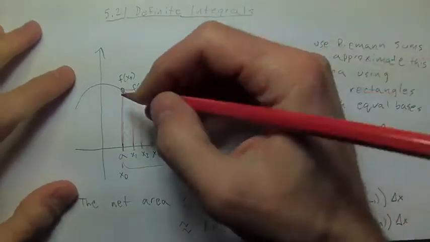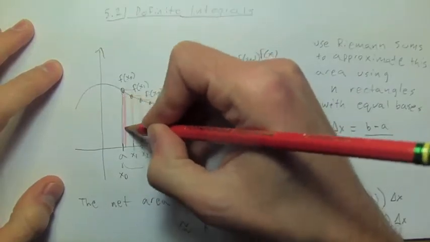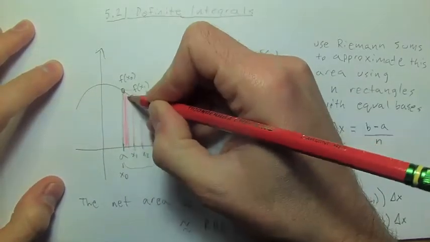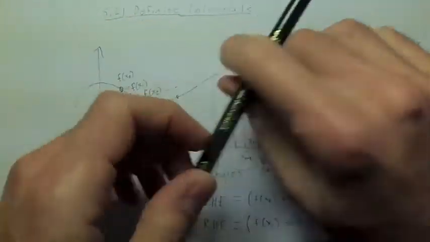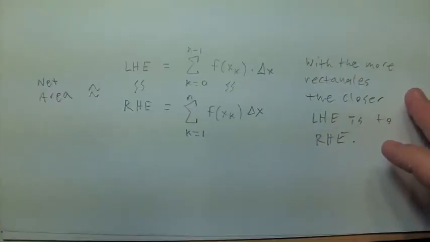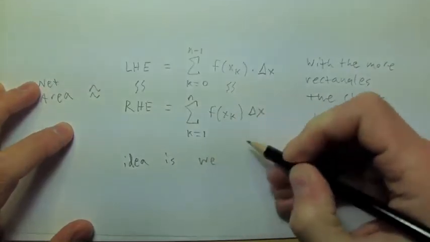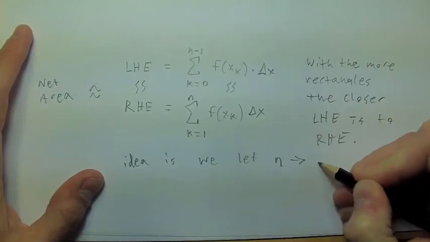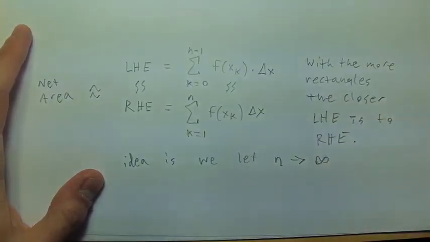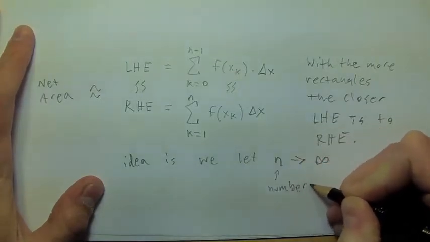And like I mentioned before, you're basically cramming a bunch of lines on top of each other to fill in this area as you go along. So the idea is we let the number of rectangles go to infinity. Remember, n is for number.